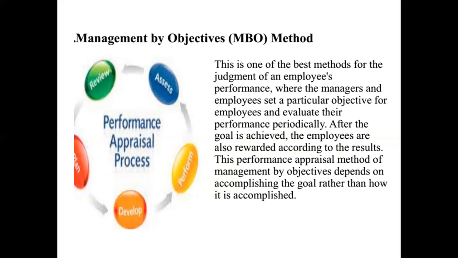MBO normally focuses on what must be accomplished, that is goals, rather than how it is accomplished. There are 6 steps. Number 1, set the organization's goals, set department goals, discuss the department goals, define expected results, and do performance reviews, and in the last, provide the feedback.